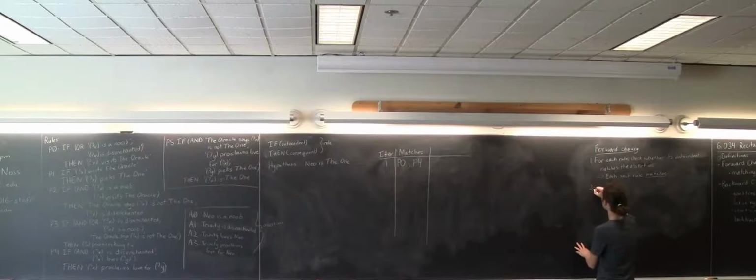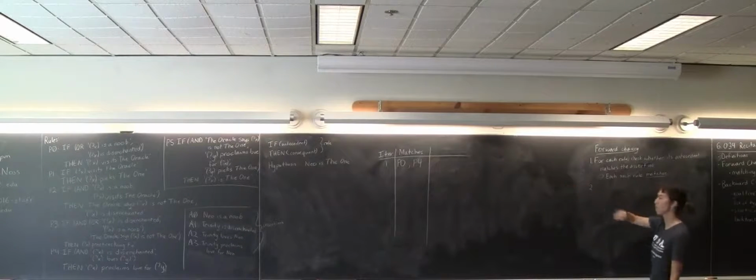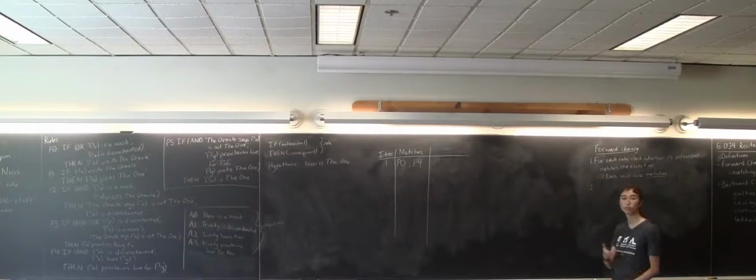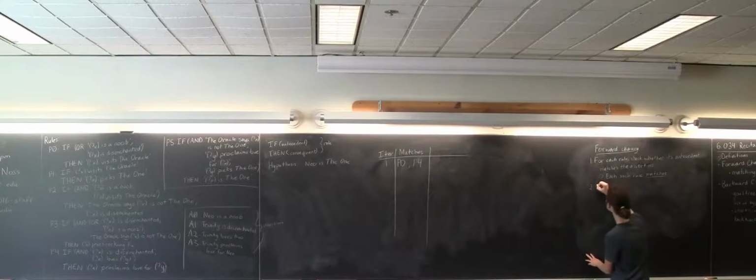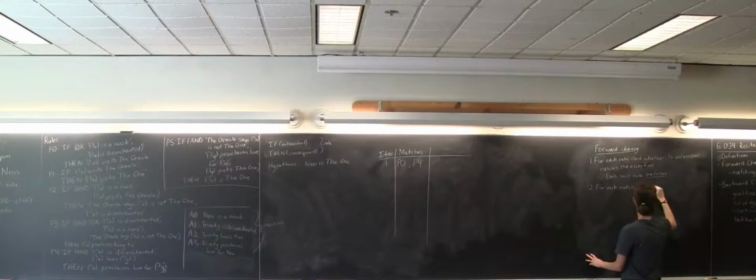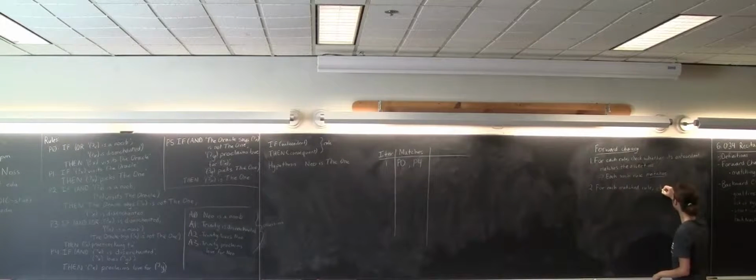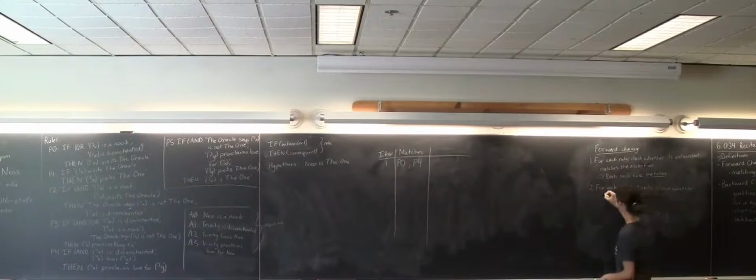So then the second step is we're going to iterate over all of these rules that match and see which ones could produce new assertions. So for each matched rule, we'll check whether it could produce a new assertion.